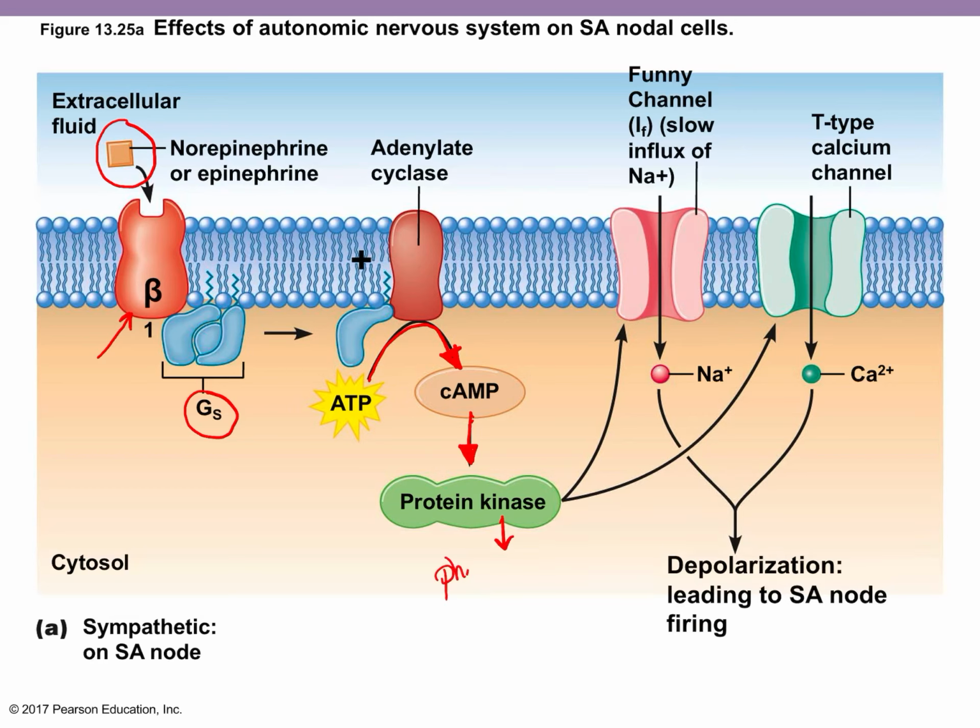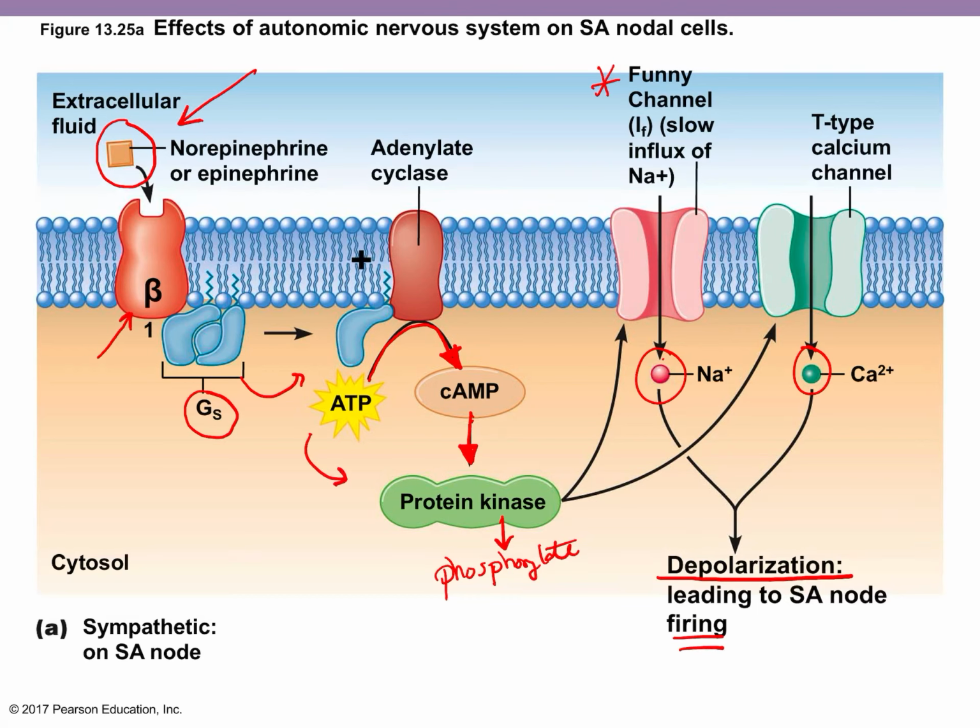The cyclic AMP is going to activate our protein kinase, and kinases, what they do is they phosphorylate. And this is going to phosphorylate and activate our funny channel, which is going to increase our sodium coming in. This increase of sodium coming in will also increase the amount of calcium coming in. Both of these positive charges leading to depolarization and SA node firing.